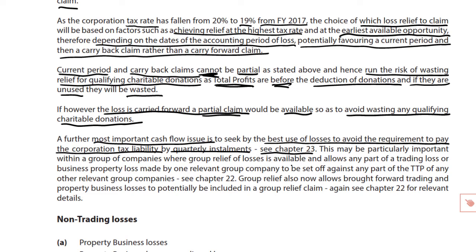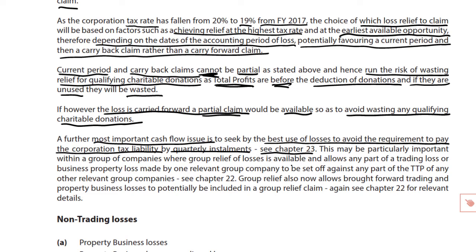Suffice it to say, before you move to Chapter 23, that if you have to make quarterly instalment payments, then those payments are being made considerably ahead of when you would otherwise have had to have paid your corporation tax. Again, I hope that we recall that ordinarily a company will have to pay its corporation tax 9 months and 1 day after the end of the chargeable accounting period.